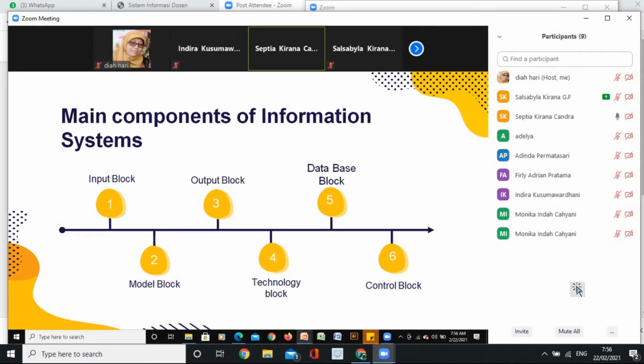Fifth, database block. All information is placed in the database to store data used to serve the needs of information users. A database can be treated from 2 points of view, physically and logically.